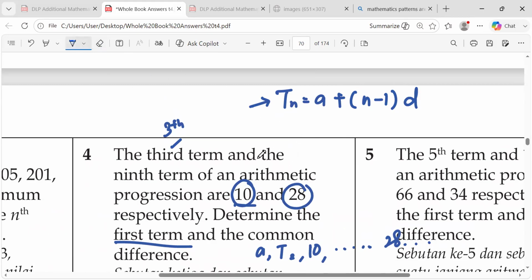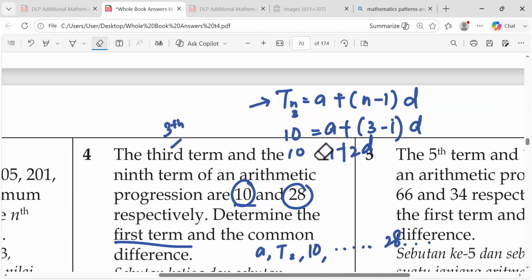Okay, the first thing, what if this is the third? The third one, this is 10. And this is A plus n minus 1 D, where n is 3. The third, right? So now I form an equation here, the first equation.